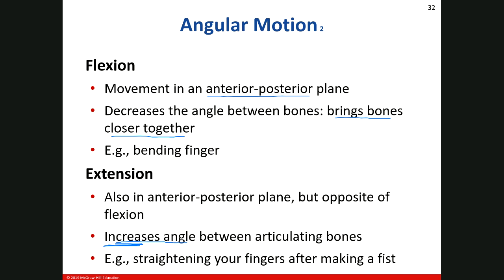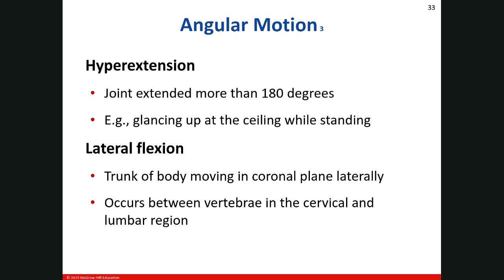Hyperextension. This is a term you've probably heard used in slang, like, oh, I hyperextended my knee playing basketball, or I hyperextended my elbow. But that's a different type of hyperextension. That's injury-related hyperextension.